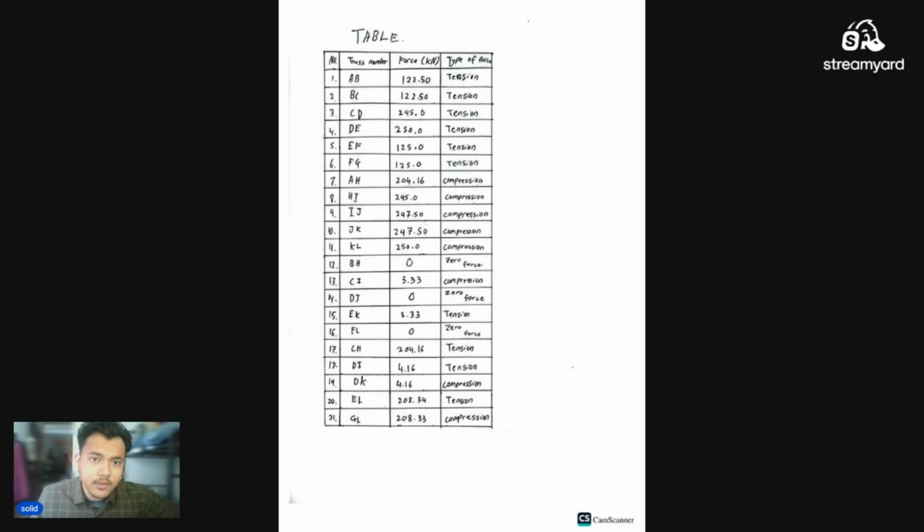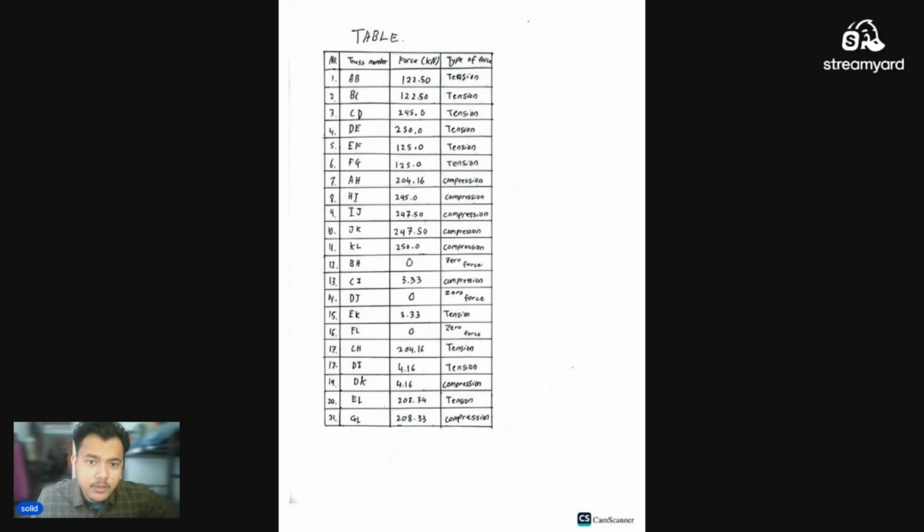Okay, the next one is the table for all the truss members. We get AB 125 kilonewton is in tension, BC 125 is in tension, CD 245 is in tension, DE 250 is in tension, and EF 125 is in tension.